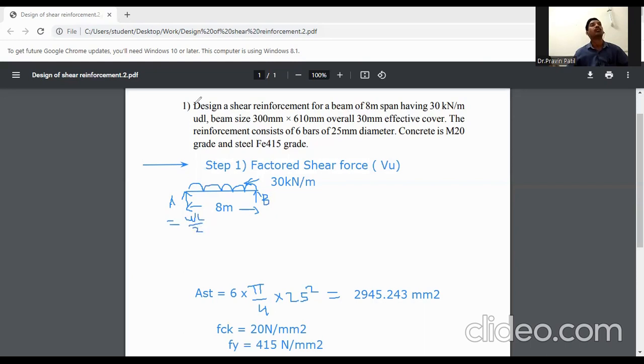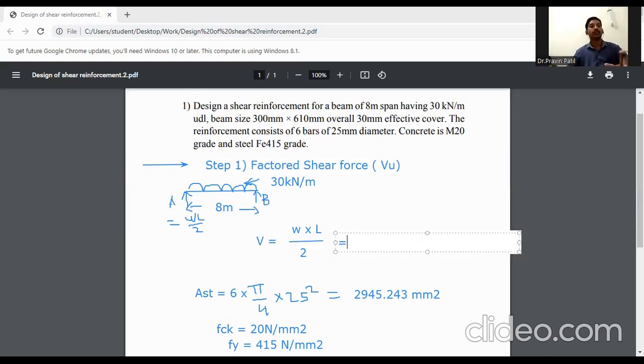Okay. So V is equal to WL by 2, W into L, it is span of this beam, divided by 2. Okay.